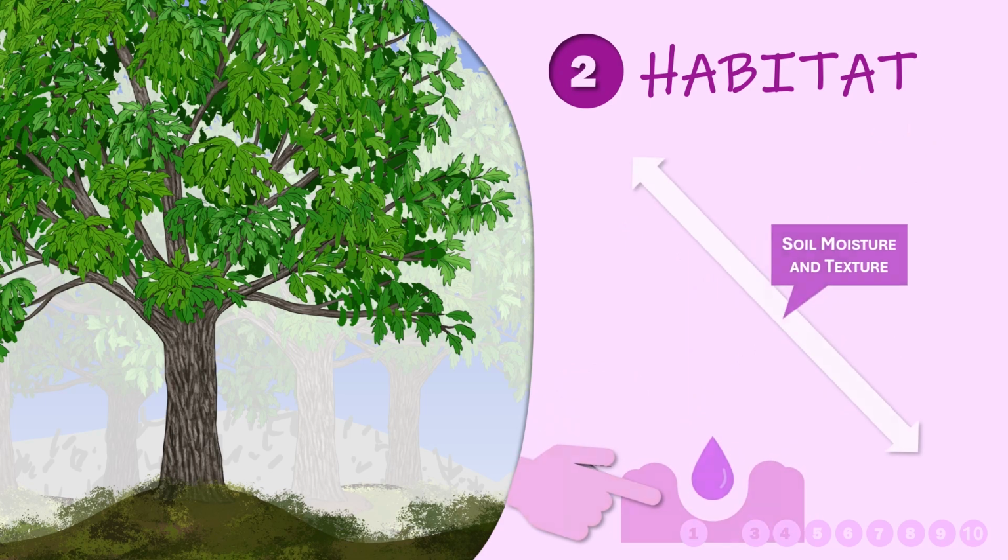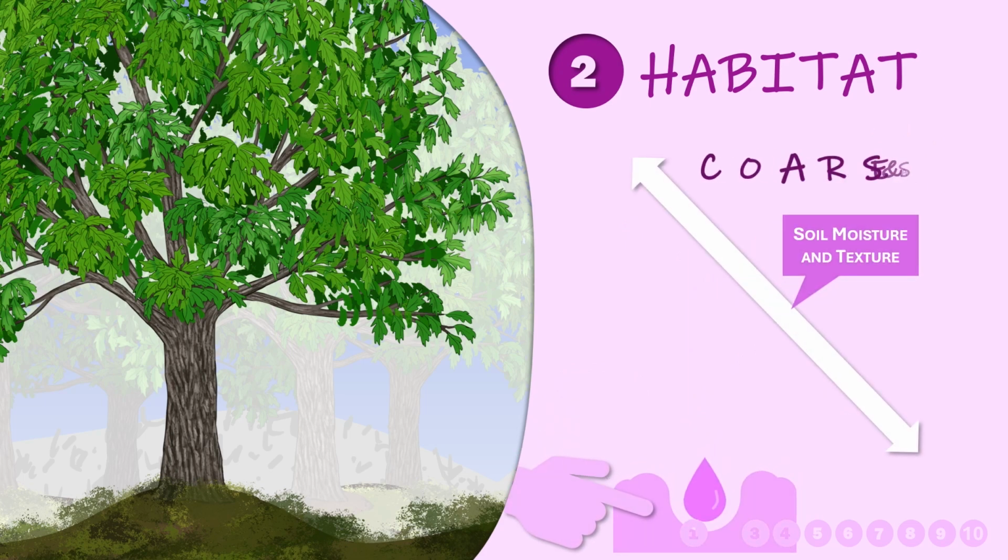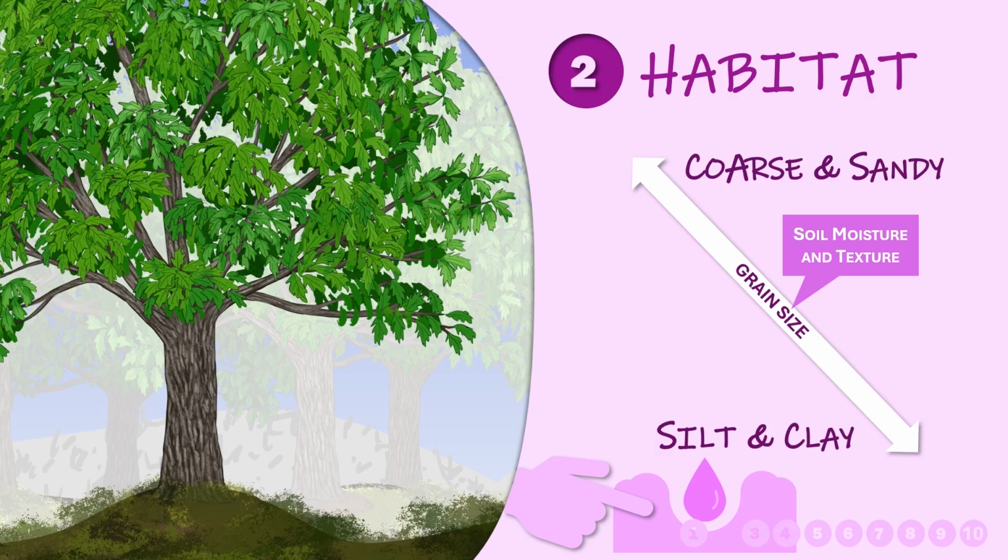There are many different types of soil, ranging from coarse and sandy to finer soils like silt and even clay. Sandy soils with large grains let water pass through easily, so they dry out rapidly. Silt and fine clay soils have much smaller grains and are able to hold onto water for a longer period of time.